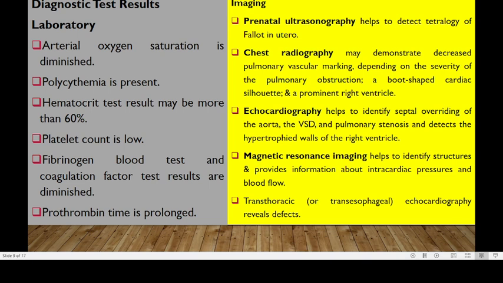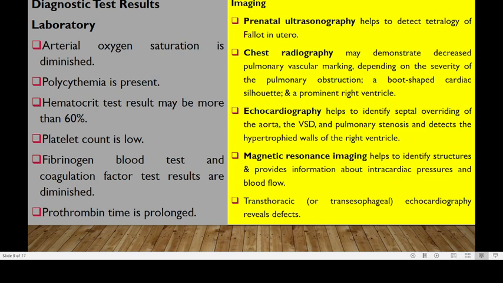In terms of imaging, we could do prenatal ultrasonography, which could help to detect tetralogy of Fallot in utero, or chest radiography, which may demonstrate increased pulmonary vascular markings depending on the severity of pulmonary obstruction. We could have a boot-shaped cardiac silhouette or a prominent right ventricle. That will show that the right ventricle has enlarged, has hypertrophied.